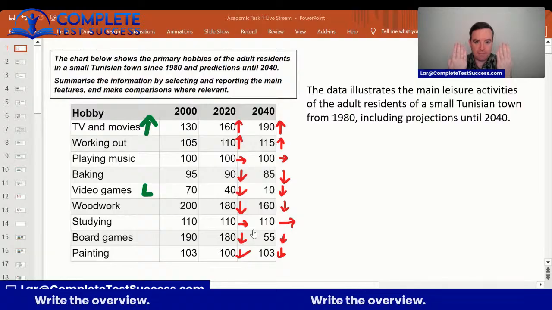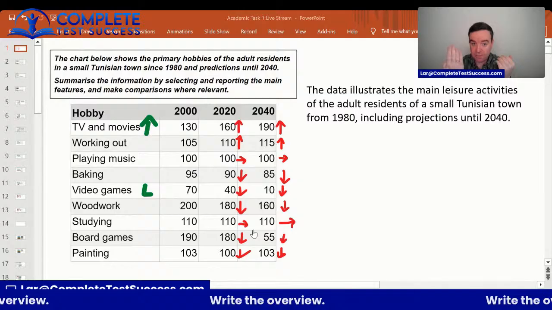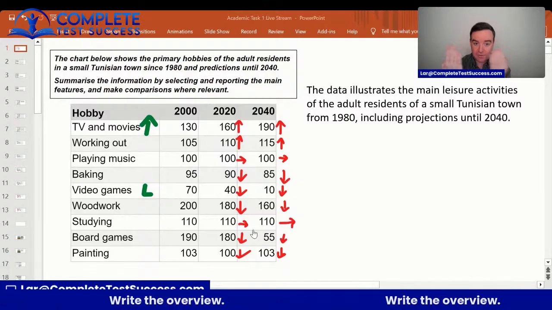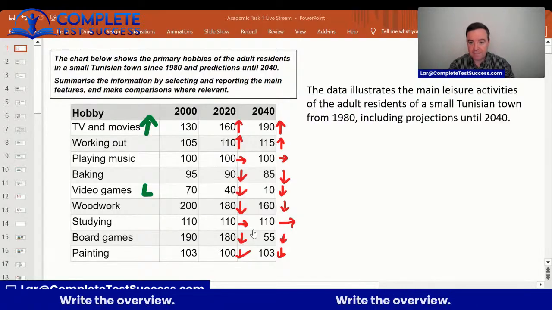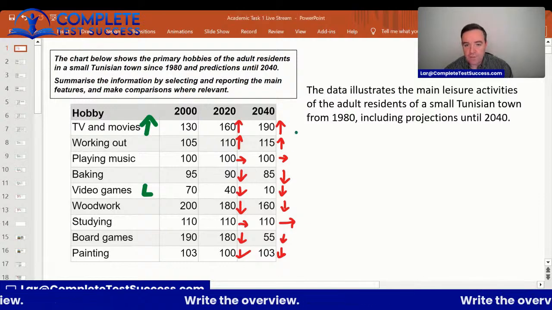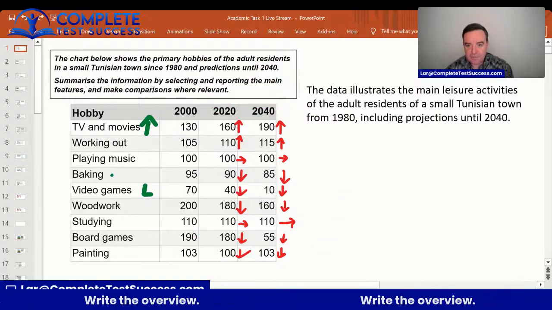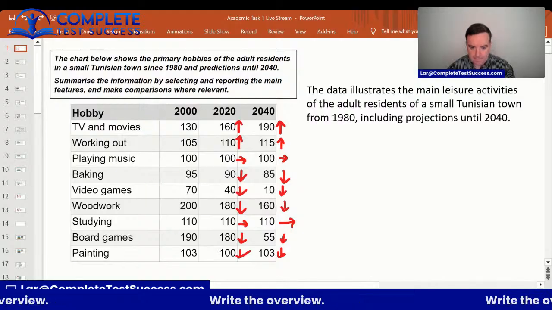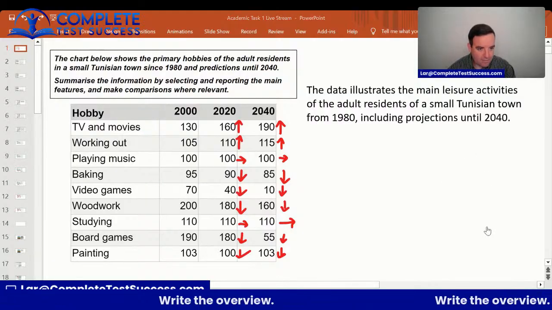Are you trying to say that this one is better than this one, or just that this one is good? Are they both good, or is one better than the other? I have to say I'm doing an absolutely terrible job of explaining this. Basically, you want to go with all the increases and decreases, or you want to go with highest and lowest. So choose one or the other, but don't mix them up. That doesn't work. And that was a terrible example from me.